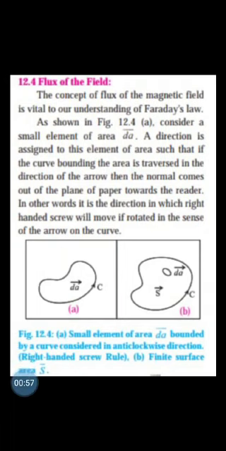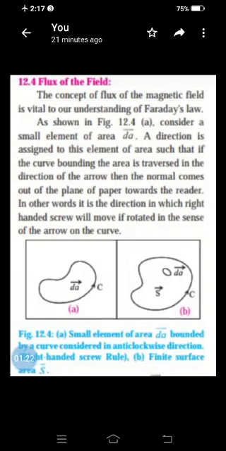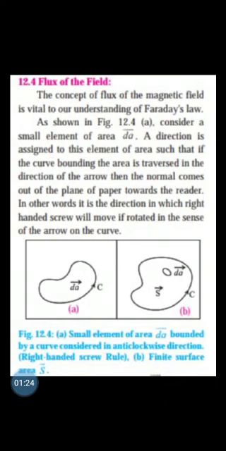Consider a small element of area dA bar. A direction is assigned to this element of area such that if the curve bounding the area is traversed in the direction of the arrow as indicated, then the normal we draw comes out of the plane of the paper towards us.